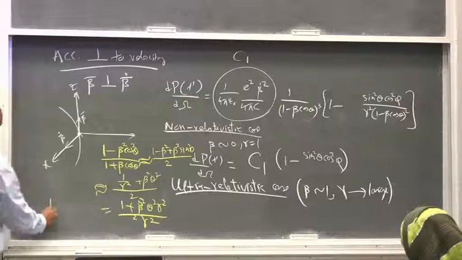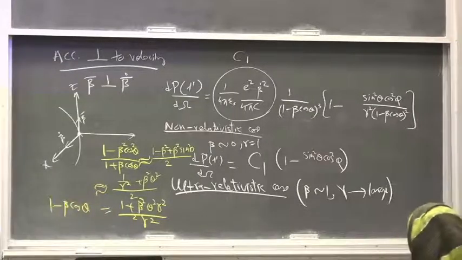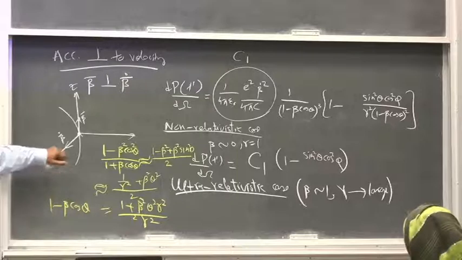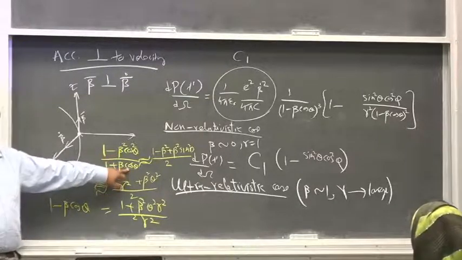So this is what we can approximate 1 minus beta cosine theta with for large gamma. इस पे basically दो approximation हैं, एक तो gamma large है, which means beta is roughly 1, plus theta is small.